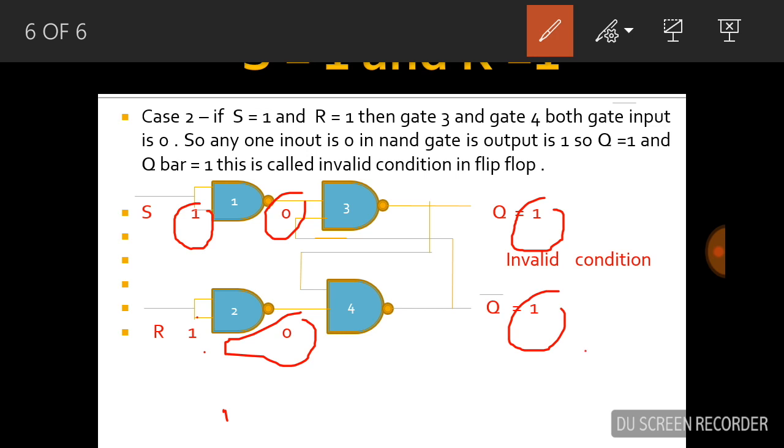But in our condition, the flip-flop output is always complementary: Q is either 0 or 1, and Q bar is 1 or 0. But here both outputs are 1 and 1. That's why in the SR flip-flop, when both inputs are 1 and 1, both outputs are 1 and 1. That's called the invalid condition of the flip-flop.